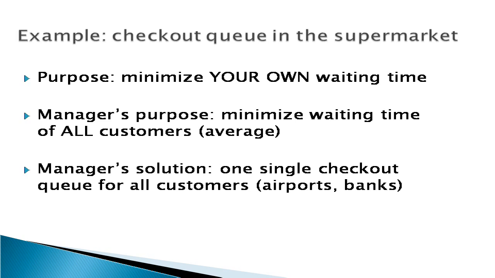They've found that just having one single line for the different windows will actually minimize the average waiting time for all the customers. So depending on your constraints, whether you're the manager or just an individual, and the particular problem, that differentiates how you will approach the problem.